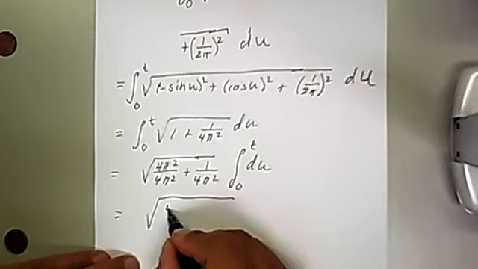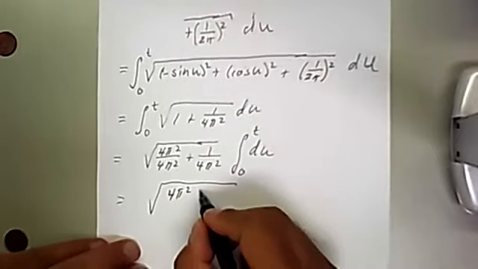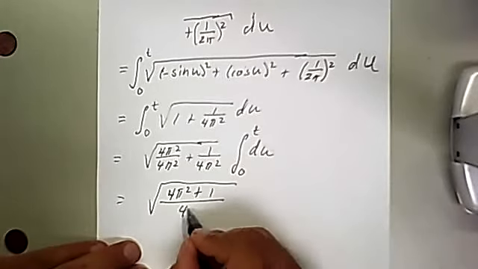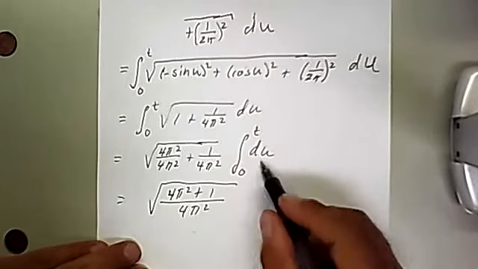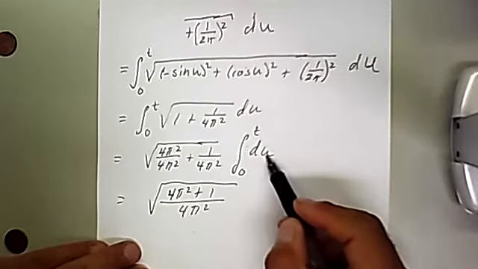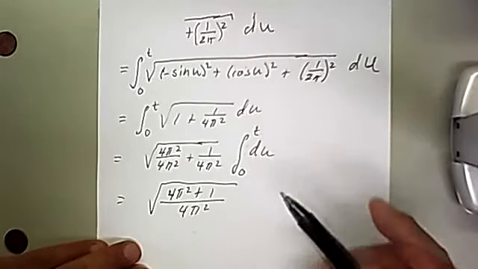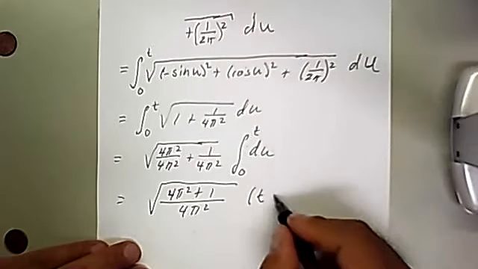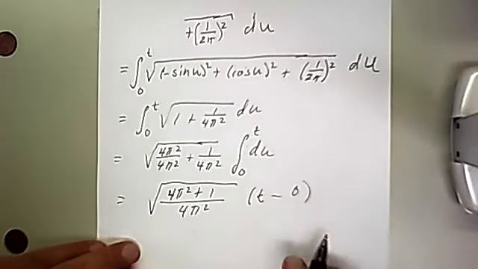But let's continue here: 4 pi squared plus 1 over 4 pi squared. The antiderivative of 1 with respect to u is u. We're going to plug in t, then plug in 0 and subtract those 2.